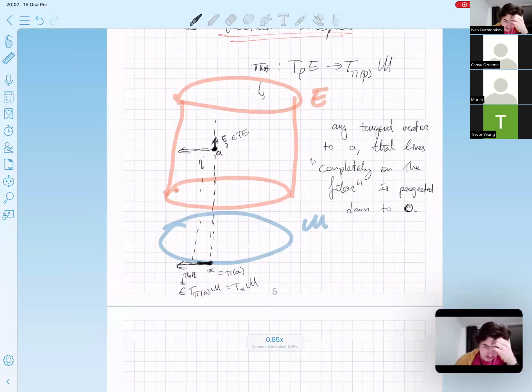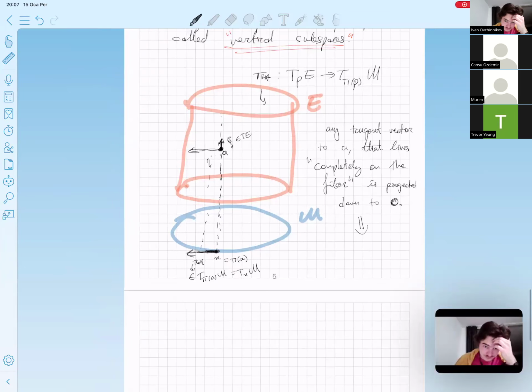Yeah, okay. Just to write this in mathematical words, this means that this is actually this. So tangent to P and everything. Okay. On this one, this is the fiber.